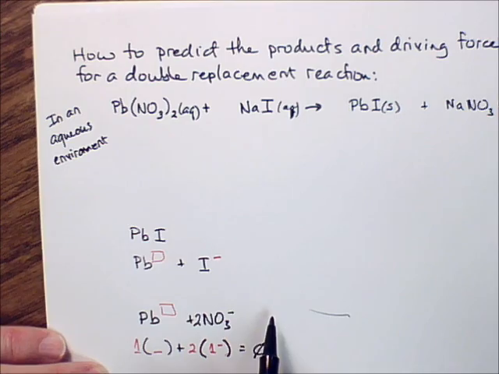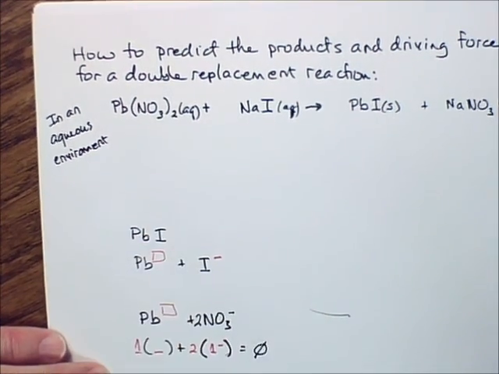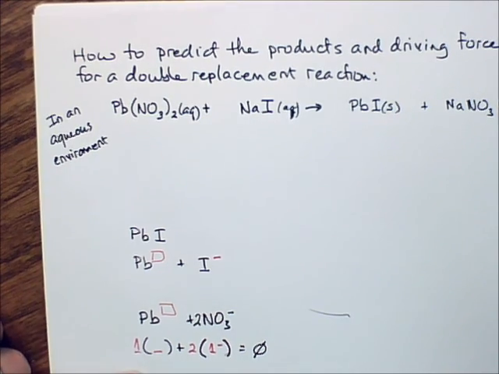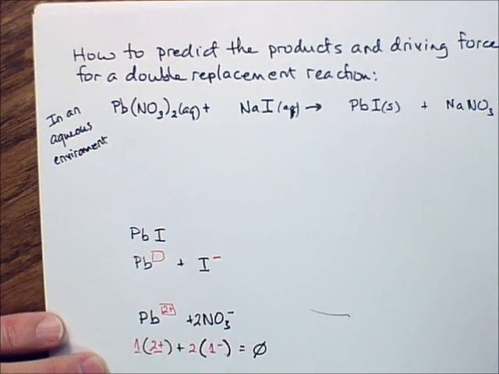We want a neutral compound because up here there is no charge listed on the end, so it must be neutral. Okay? The only number that works out here is for this to be a 2 plus. Therefore, the charge on the lead must be 2 plus. And if it's 2 plus here, it's going to be 2 plus here.